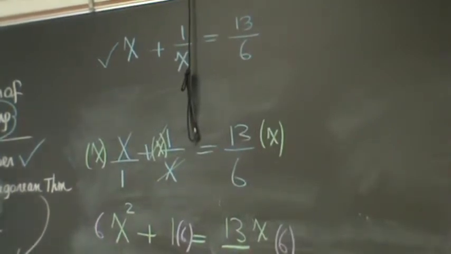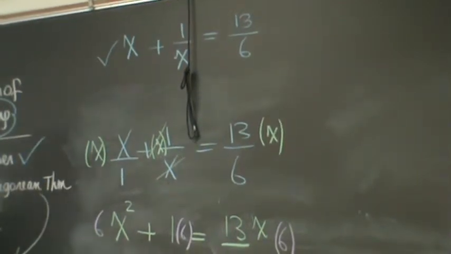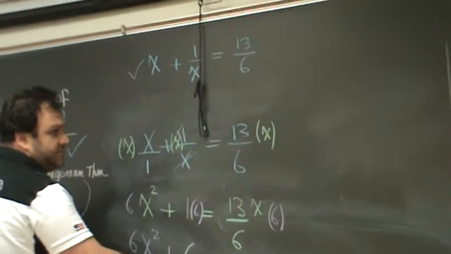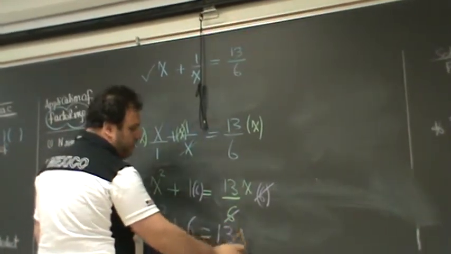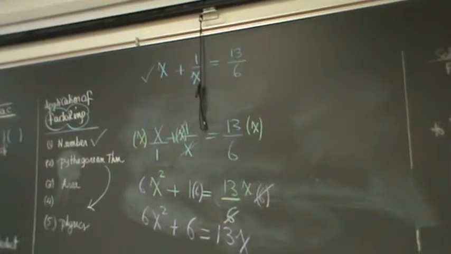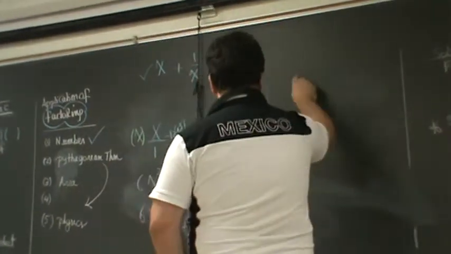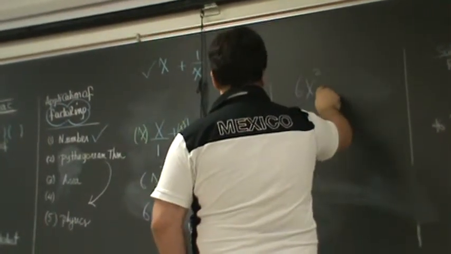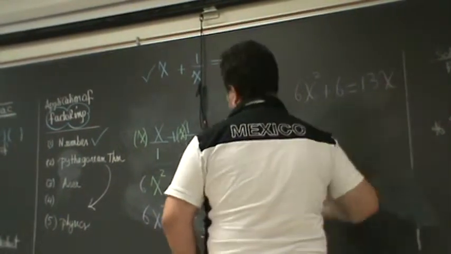Well, 6x squared plus 1 times 6, which is 6. This cancels out, equal to 13x. So what do I have now? 6x squared plus 6 equal to 13x.